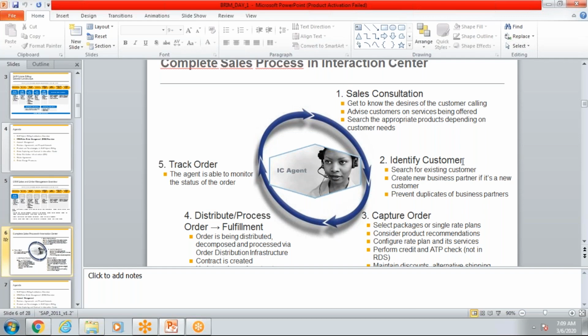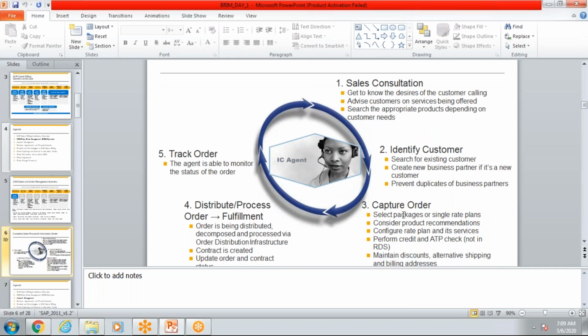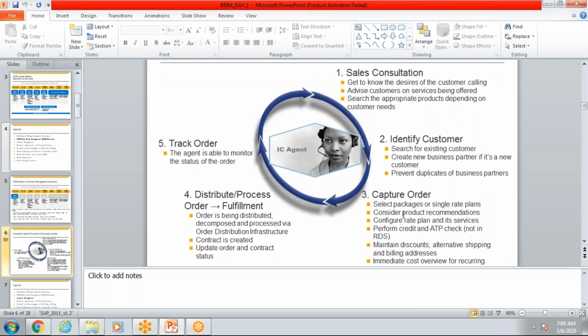Then identify customer. If we are already their customers then it's okay, or else they will maintain our data. If the customer's data is already there, then they will ask which plan we want to subscribe. That goes to capture order, and after the order is created, a contract has to be created upon activating that plan, 299 plan or 399.